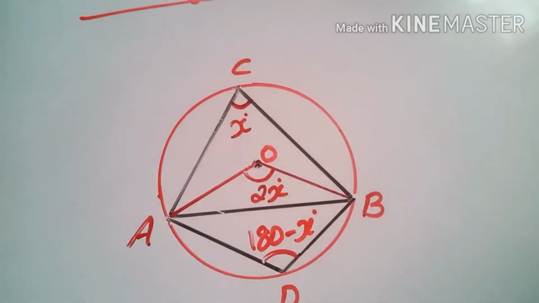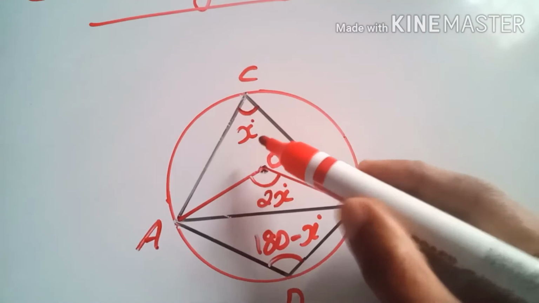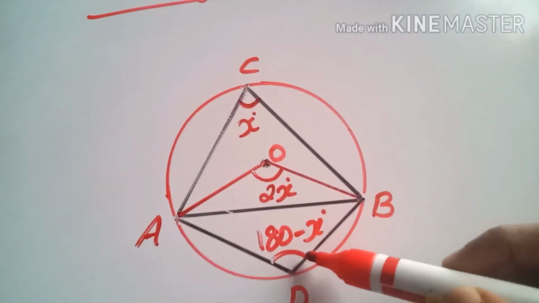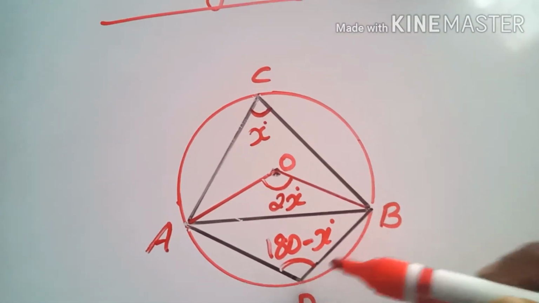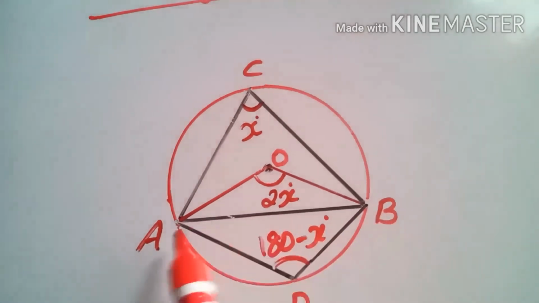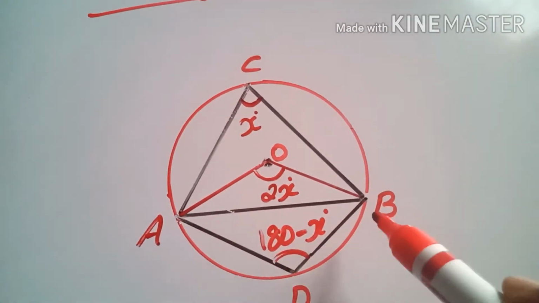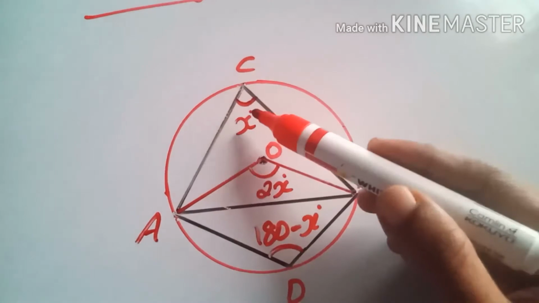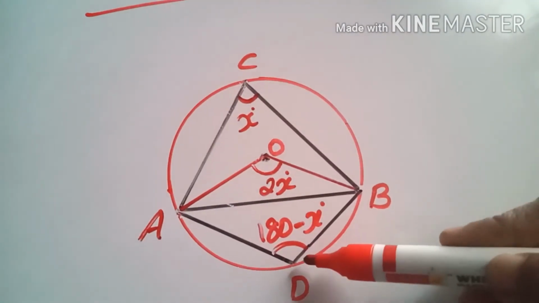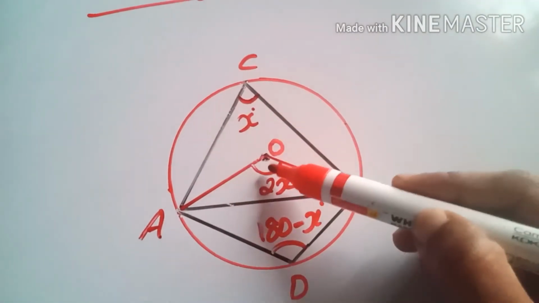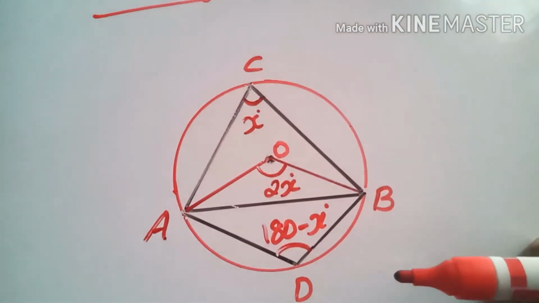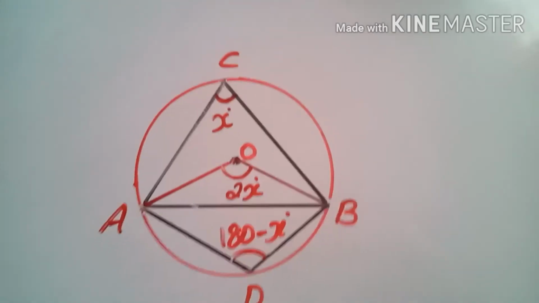That means if this is 30 degree, then 180 minus 30, 150 will be this angle. All are related to one chord. One chord must be there in common. So 30 degree here, then it will be 150 degree, then it will be 30 into 2, 60 degree. So this is the relation.